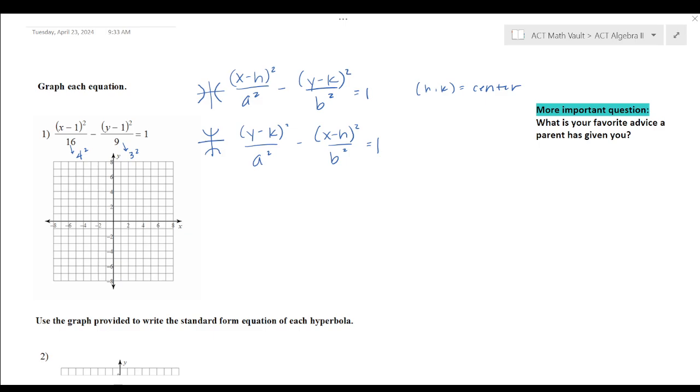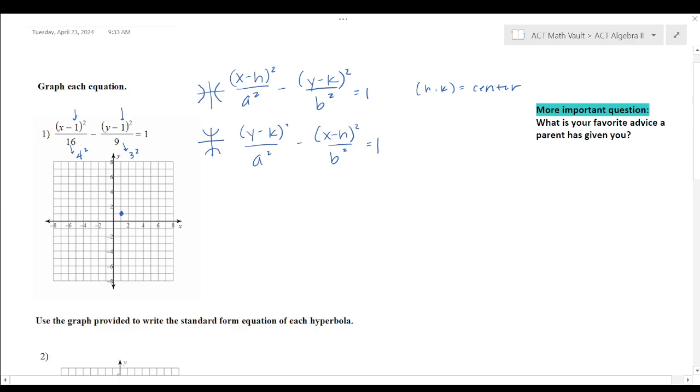So how do you figure out exactly where it's placed and what the dimensions are basically of the center of this hourglass shape? So the center is 1, 1. Use the same logic as the center of a circle. So I'm going to graph that 1, 1 right there. And then the 4 is tied to this x right here.